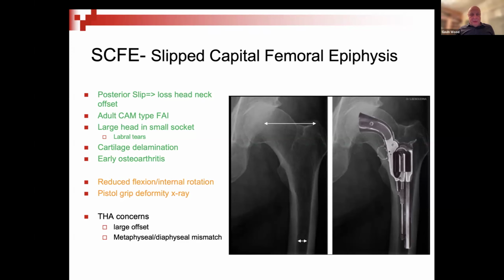So the concerns here when doing such hip replacements are the large offset, so the center of rotation of the head out towards the tip of the GT or the anatomical axis of the femur. And this could be problematic because it can lead to metaphyseal-diaphyseal mismatch. And what this means is that the metaphyseal region is large and you'll need a large offset.